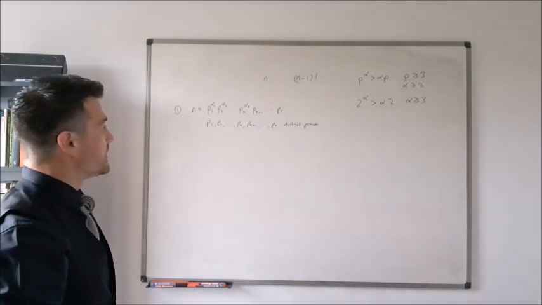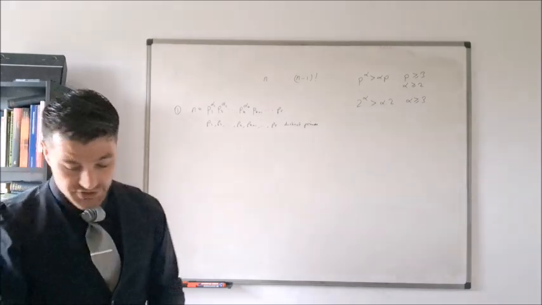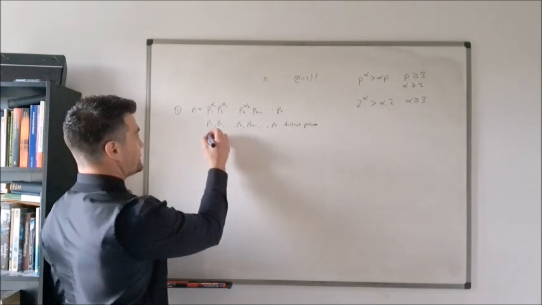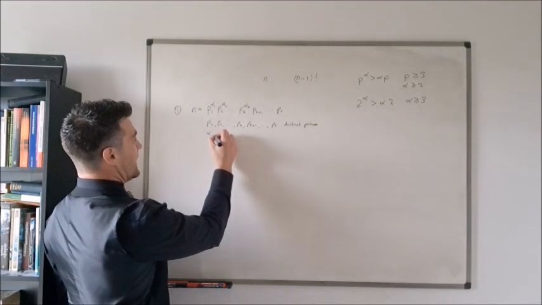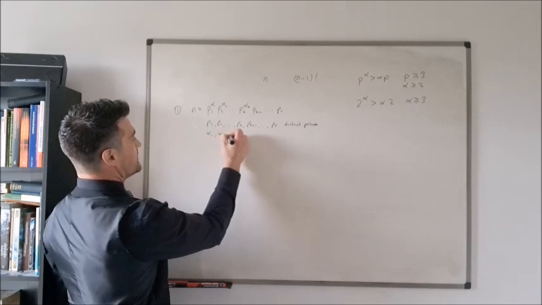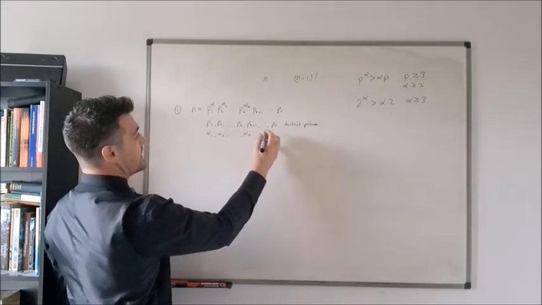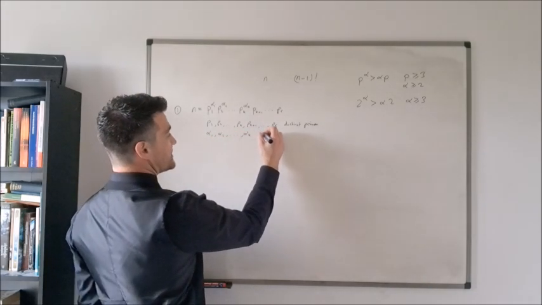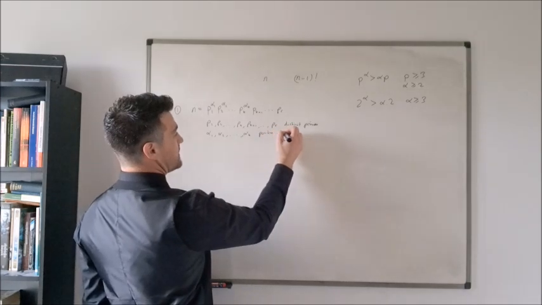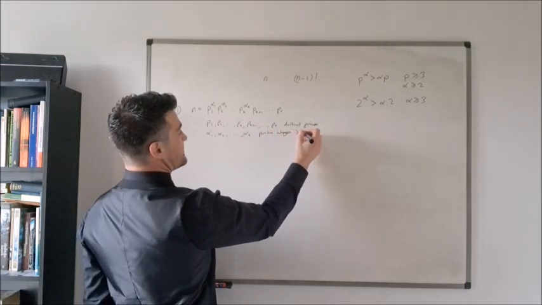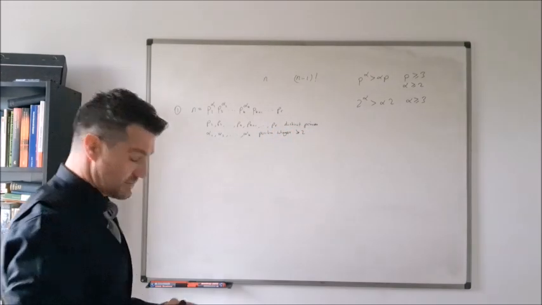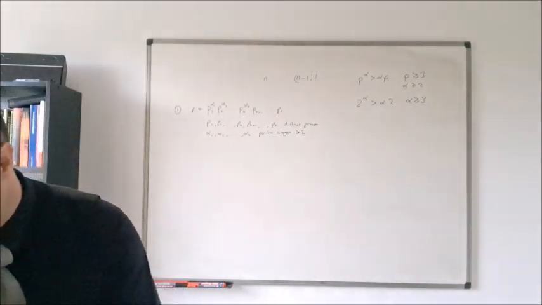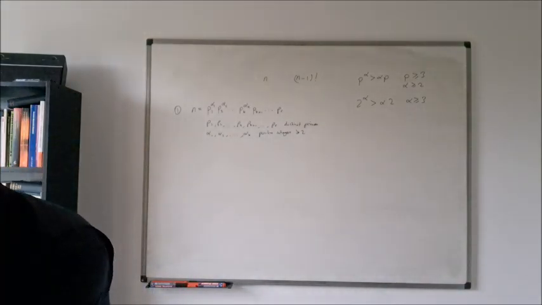There's no restriction on those at this moment in time. However, we've got alpha 1, alpha 2, up to alpha k. These are positive integers greater than or equal to 2. So this is the first case that I'm going to consider.